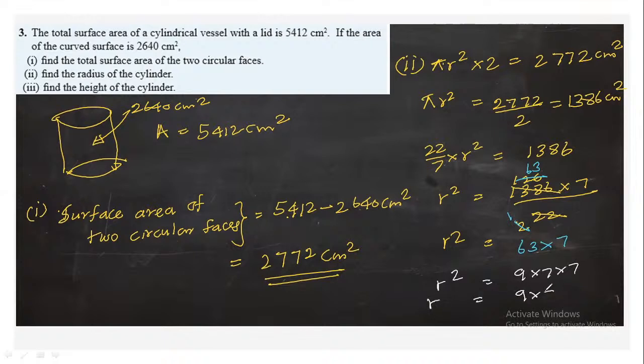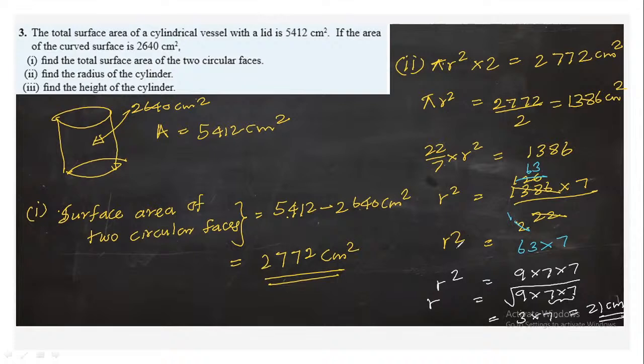The square root of 9 is 3, and 7 into 7, 49, gives 7. 3 times 7, 21 centimeter. The radius is 21, right? By splitting like this, you can get the square root here. 3 times 7, 21 centimeter.